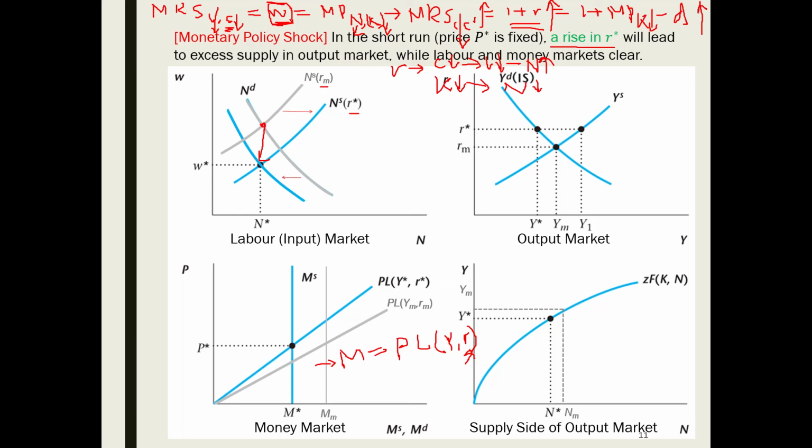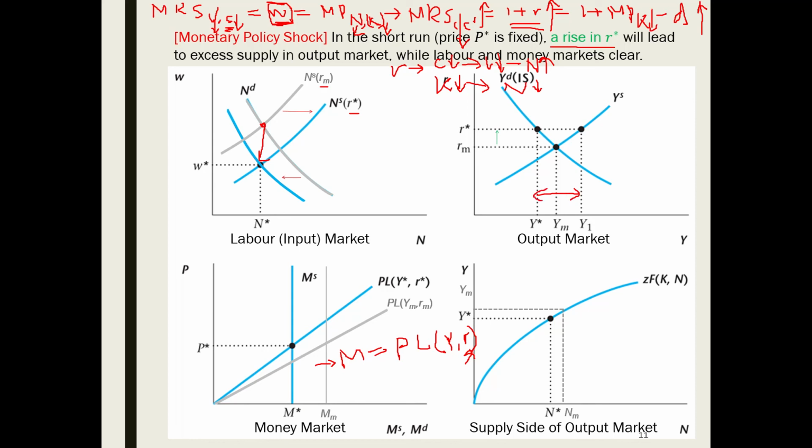Now let's look at the output market, which is very different from the RBC model analysis. Under the New Keynesian assumption of nominal friction, the output price cannot change in the short run. So a rise in interest rates from RM to R star will drive a gap between the supply and demand. In other words, there is an excess supply between Y1 and Y star.